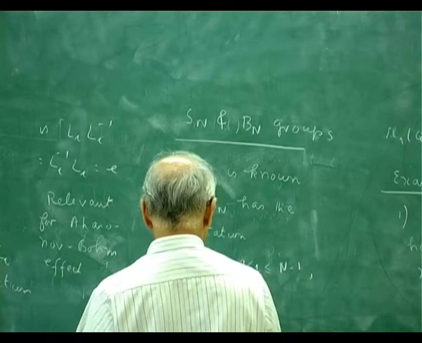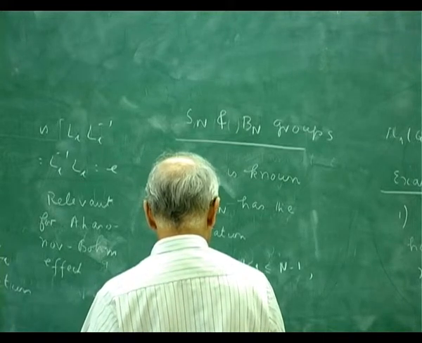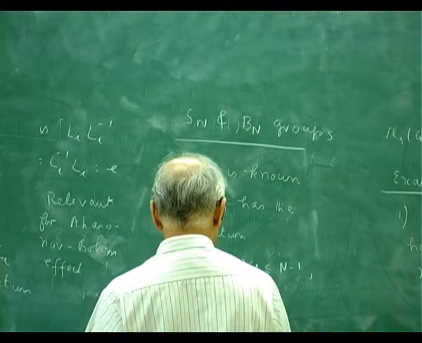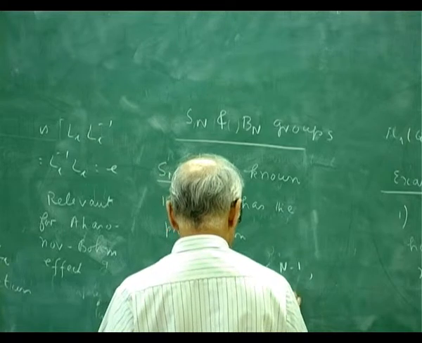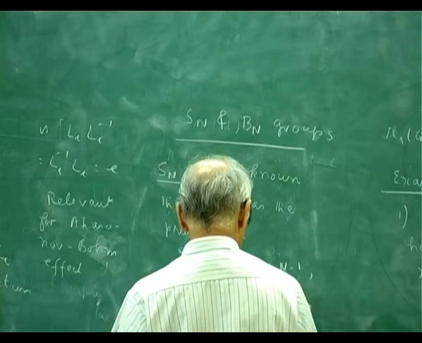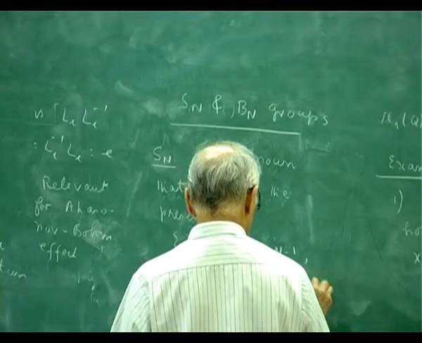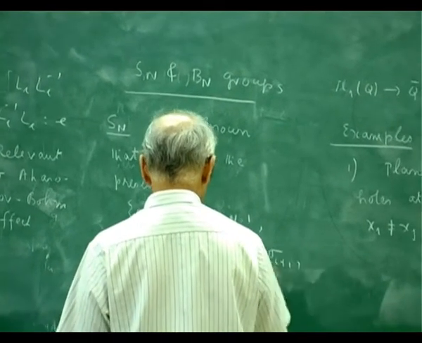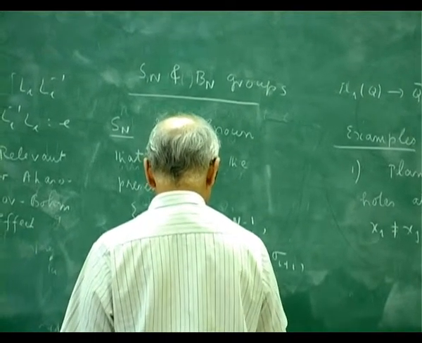Okay. Then the relations: sigma_i sigma_{i+1} sigma_i equals sigma_{i+1} sigma_i sigma_{i+1}, and sigma_i squared is the identity.